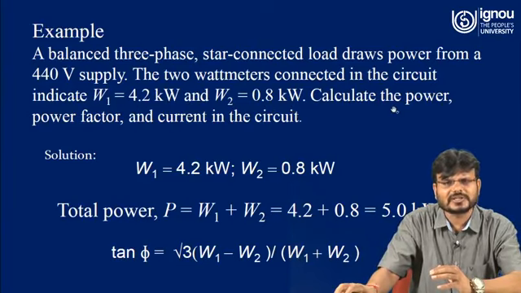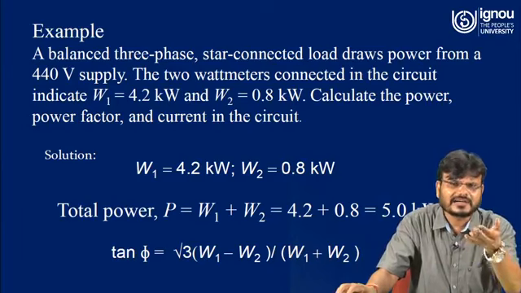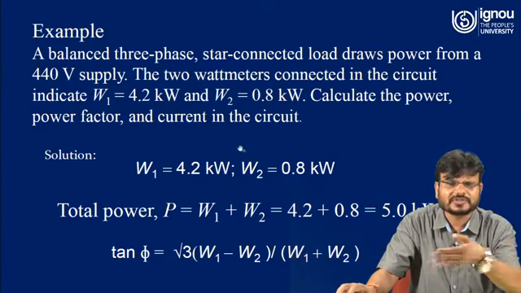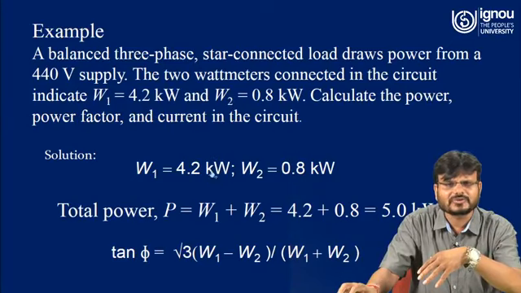You have to calculate the power factor and current in the circuit. So extract the data given in the question: W1 is equal to 4.2 kilowatt and W2 is equal to 0.8 kilowatt.